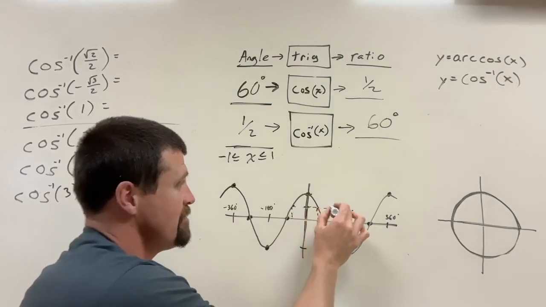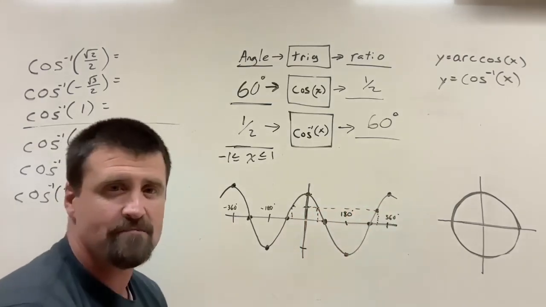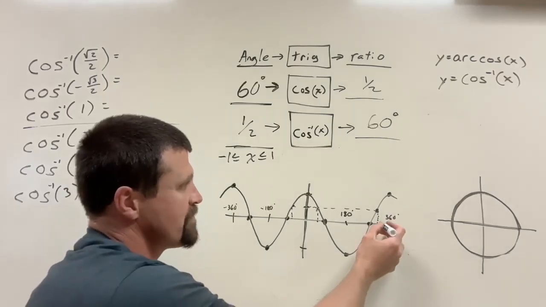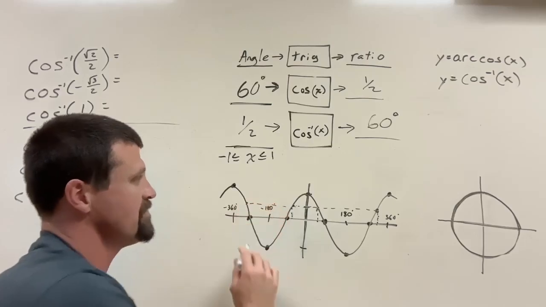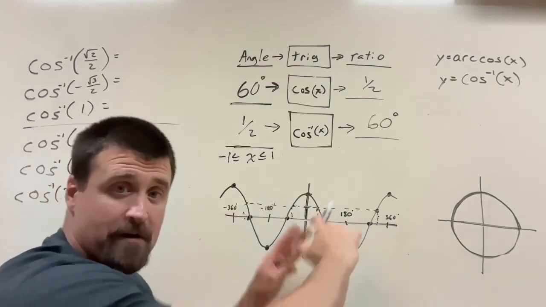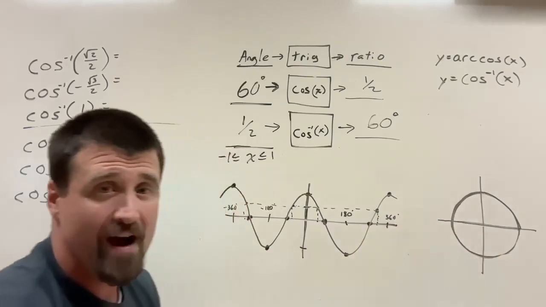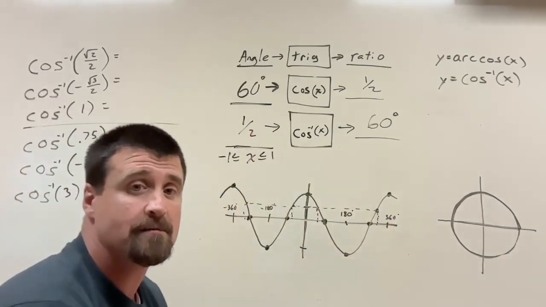If I continued over here, there's an angle there that would give me 1/2. This is like 300 degrees. We could go back this way. There's another angle. So you see there's lots of angles, and this is a periodic function that continues forever. So these angles continue forever that give me 1/2 when I plug them into cosine.